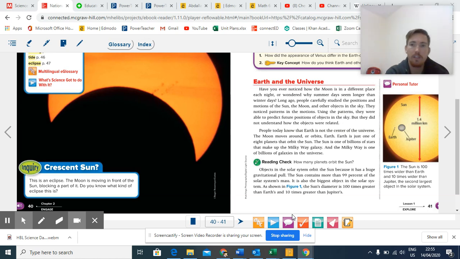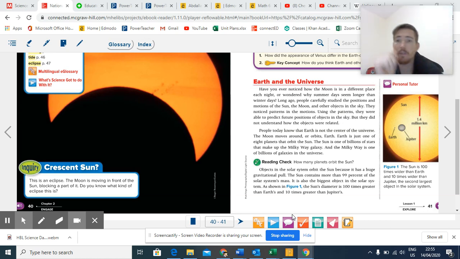Okay, and as you guys no doubt know from your vocab, rotation is like this, spinning, spinning, spinning, and revolution is like this. Okay, and we know that the moon both rotates and revolves around the Earth, when the Earth also revolves and rotates around the sun.